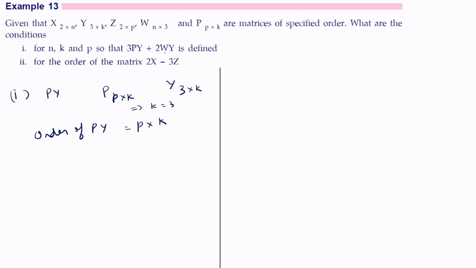And then we have WY. The order of WY will be, the order of W is n by 3, so the order of WY will be n by k.